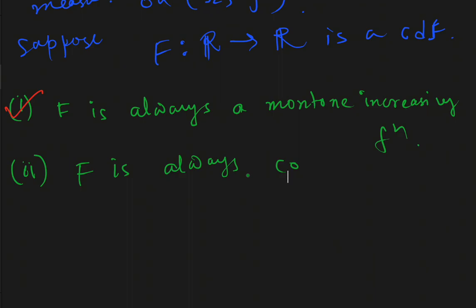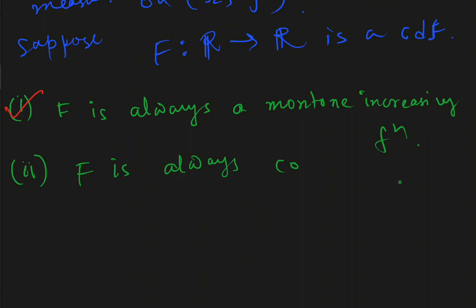Ah, I get your point now. So you are saying that monotone increasing means it can be equal, and strictly increasing means only increasing.